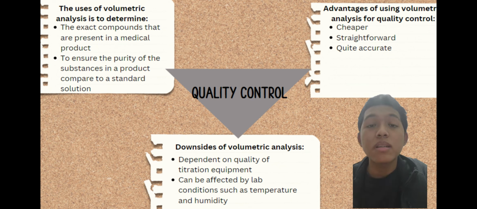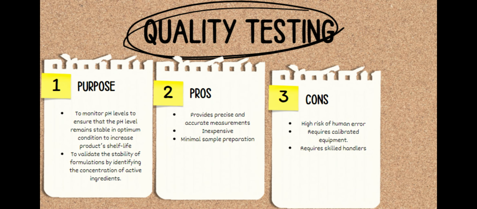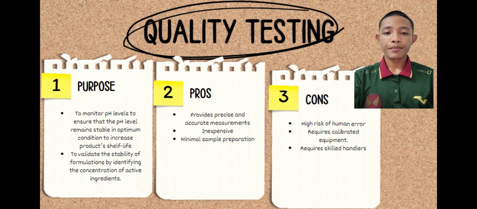The reason volumetric analysis is used is because it is able to determine the exact compounds present in a pharmaceutical product. This is important in ensuring the correct compounds are present in said products. Another reason is to measure the purity of a certain compound in the product to ensure it is up to par with the standards. Next point, volumetric analysis is also used in quality testing.